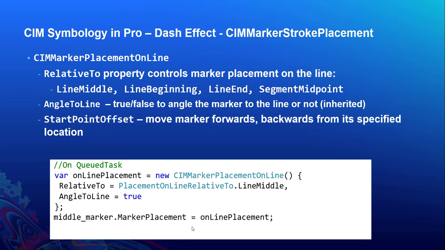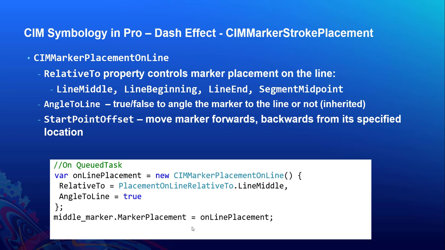Marker placement on line, then, contains a relative to property that controls the marker placement on the line. For example, on the line middle, the line beginning, line end, segment midpoint, and so on and so forth. It too has the inherited angle to line property, set to true or false, and a start point offset.